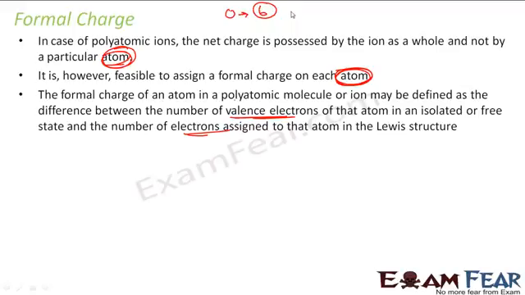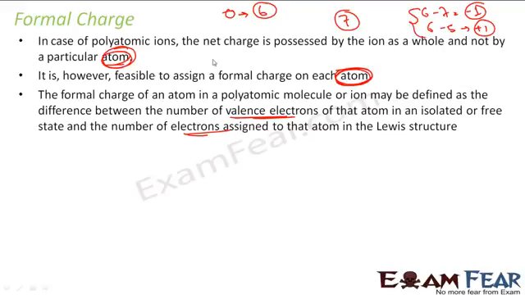But in some Lewis structure, suppose you assign 7 electrons to this oxygen, then it will have 6 minus 7, which is a minus 1 charge. Or if you assign only 5 electrons to this oxygen, then it will have a plus 1 charge.